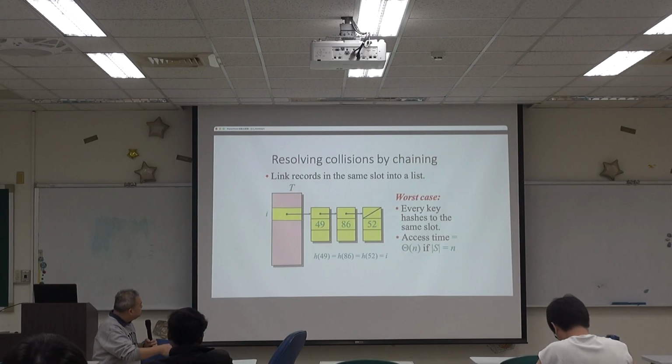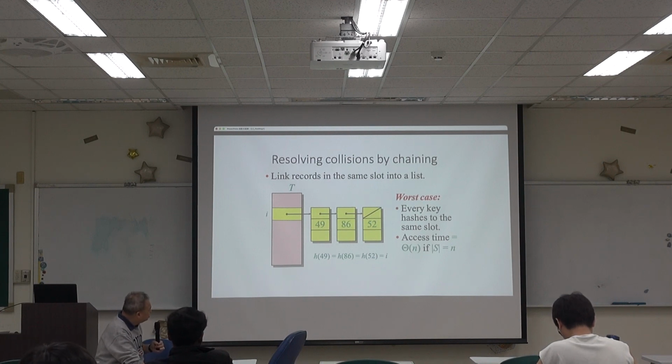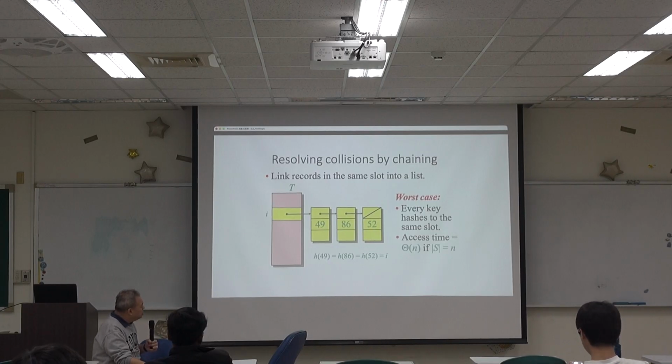So, for example, in this particular example, the hash function of 49 and 86 and 52, these three numbers happened to be mapped into the same location I. So that is the reason we have this linked list. So this chaining is an easy resolution for collision, obviously.